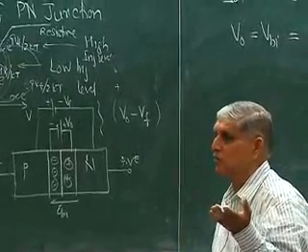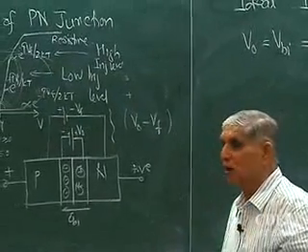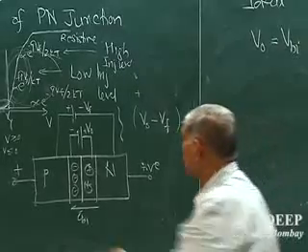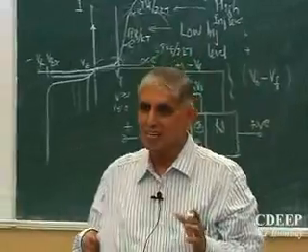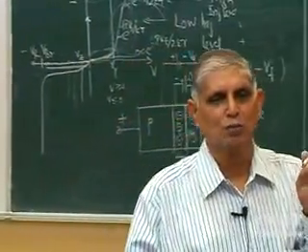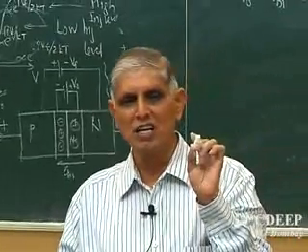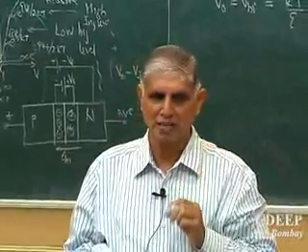So obviously VF cannot exceed V0. But externally no one can stop me putting 100 volts or even 5000 volts. Is that clear? Internally the device cannot get voltage more than V0 to keep the device forward biased.